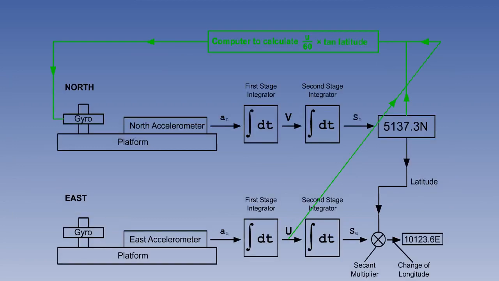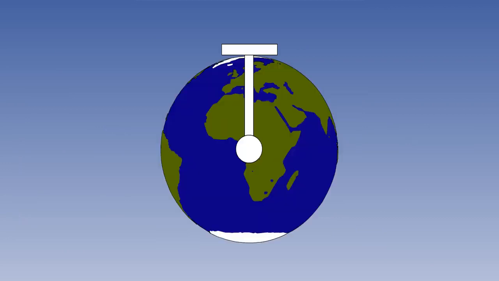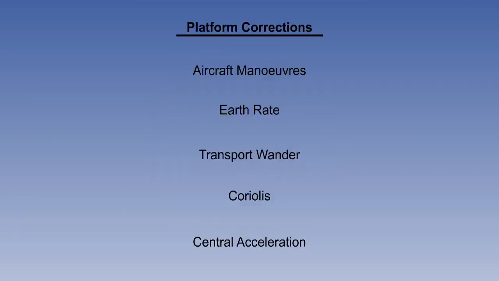The horizontal component of transport wander, or meridian convergence, is also corrected by calculation. The vertical component is corrected by V/R and U/R feedback loops, which is also known as Schuler tuning. Some people find the pendulum analogy helpful when considering Schuler tuning. We looked at the full list of platform corrections.